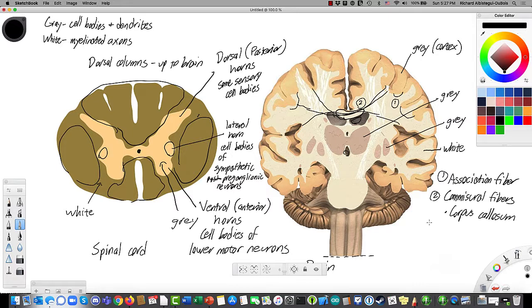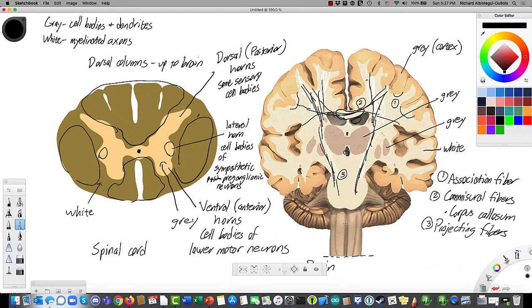Then finally, we have projecting fibers. These projecting fibers, you can see them here somewhat in white, are going from cortical areas to and from the spinal cord.